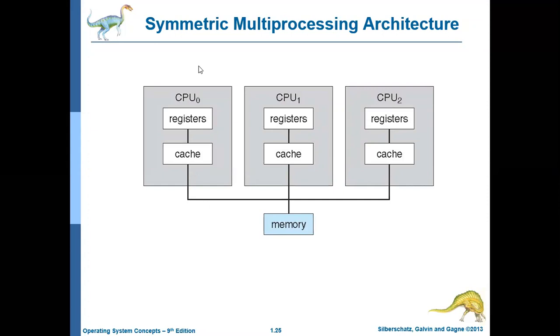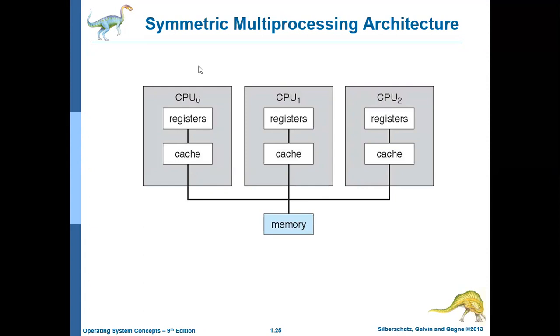The master processor will allocate jobs for the other processors. Whereas in a symmetric multiprocessing architecture, all the processors will be treated as equal peers and the jobs will be allocated to these processors by the operating system.